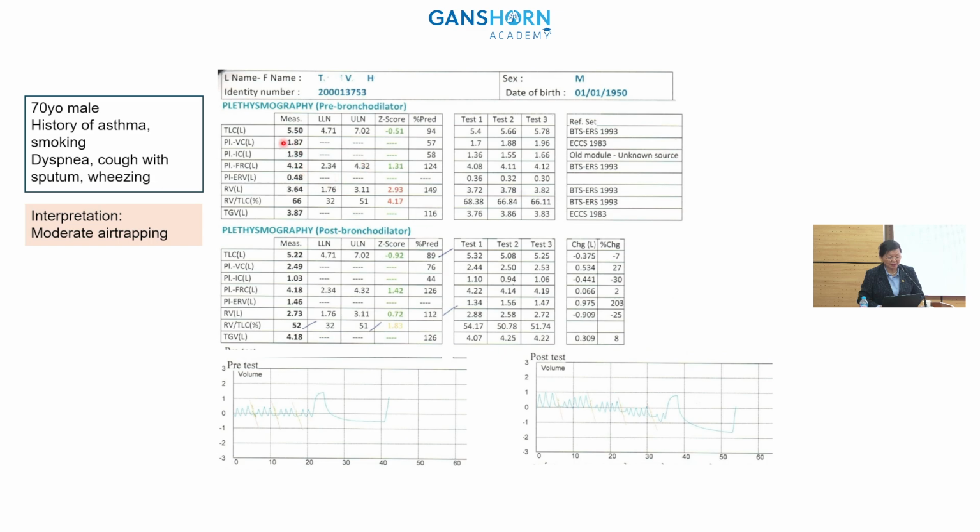So we see that the TLC is normal. So he has no restriction. But there is air trapping there. The air trapping suggests COPD.